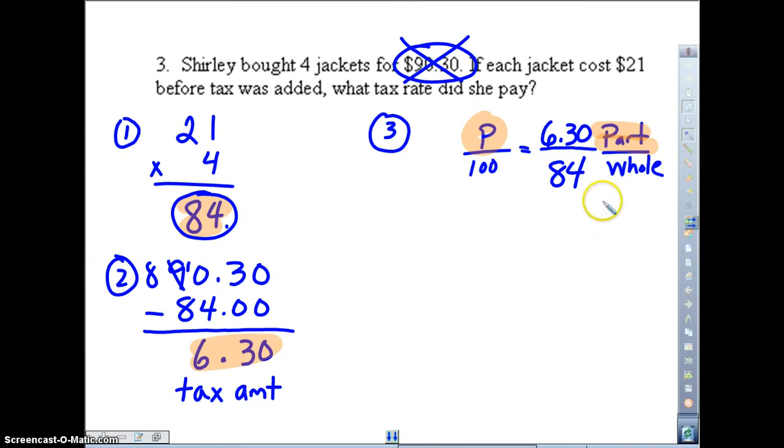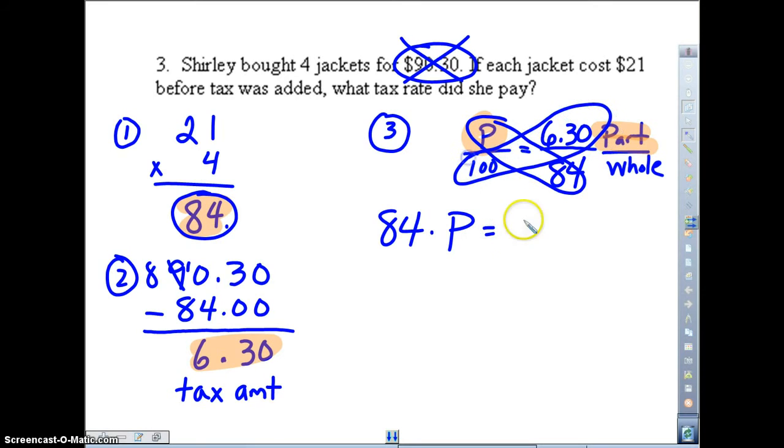Now, how do you solve a percent proportion? You cross multiply. P times 84, or 84 multiplied by P, equals 100 times 6.30. Multiplying $6.30 by 100 moves the decimal point 2 places to the right, so that's 630. How do I solve for P? P is 630 divided by 84.